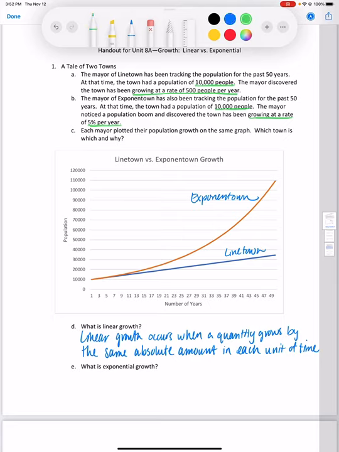And the key here is the same absolute amount. It increases by the same amount, like the 500 people per year in our example.